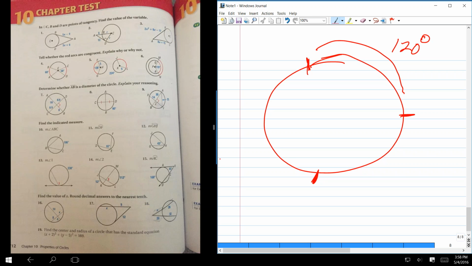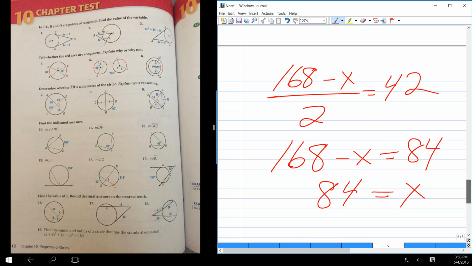That is less than a third of the circumference. Therefore, what I must have done was forgot to divide by 2. Once I divide by 2, I get an answer of 84 degrees, which makes much more sense looking at the picture, that it would be 84 rather than 126.